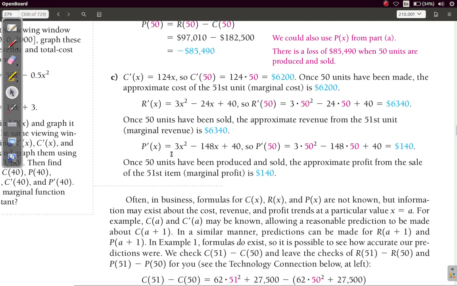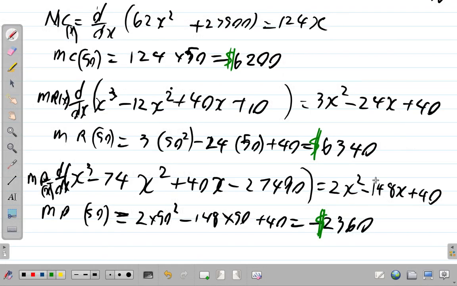And the marginal profit at 50 was 140. Oh, it doesn't agree. Let's see what's going on here.